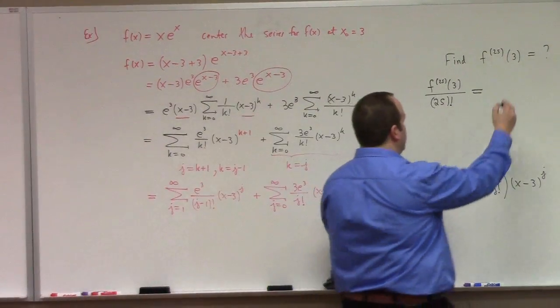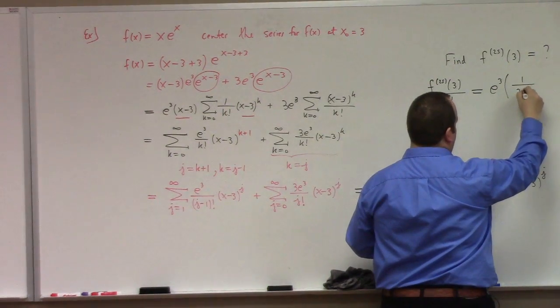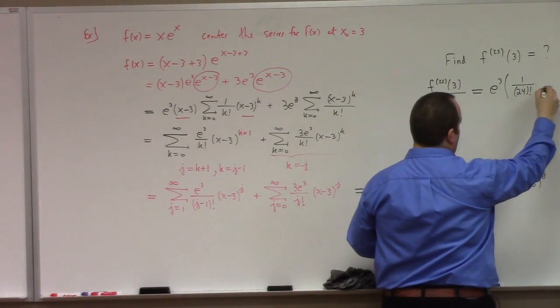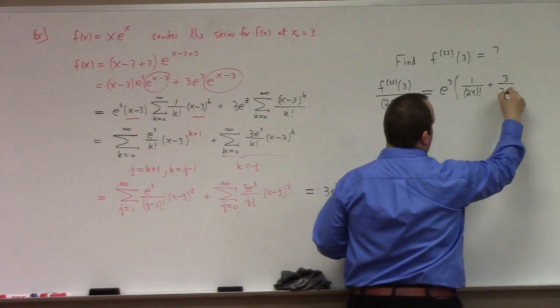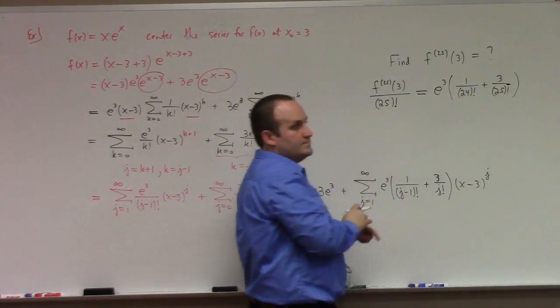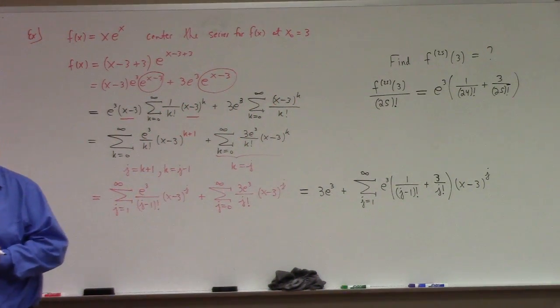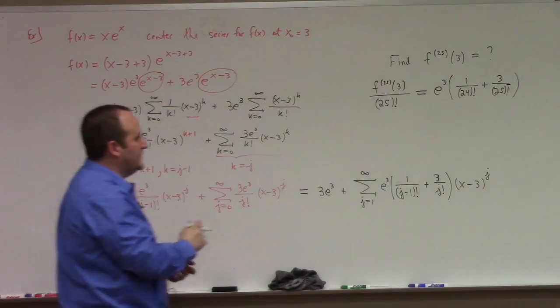Well, it will be equal to e cubed times 1 over 24 factorial plus 3 over 25 factorial, by Taylor's theorem. Just comparing the coefficient from Taylor's theorem, right? And so you can calculate it. Just multiply by 25 factorial, what do you got?